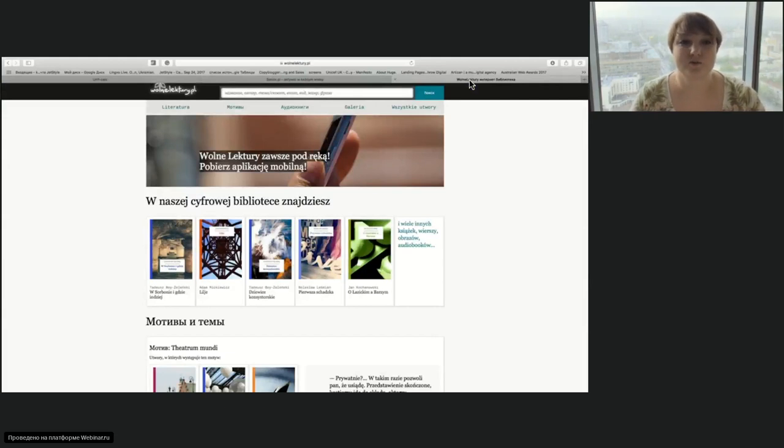The first one is wolnylektury.pl. Actually, this is a very big project, which was thought to be a very large-scale PR project. That is the major site in Poland specializing in children's literature, and it's in a very tight partnership with the Ministry of Education of Poland.